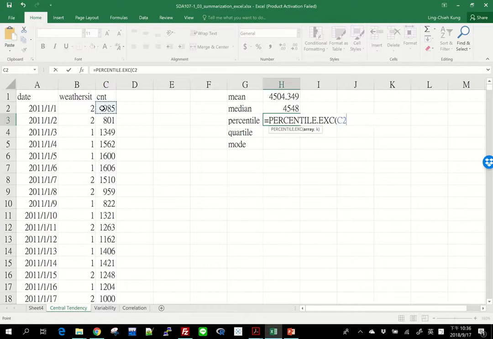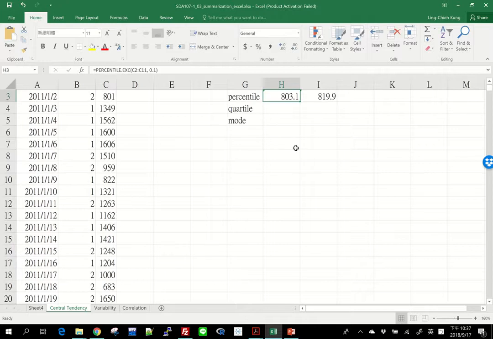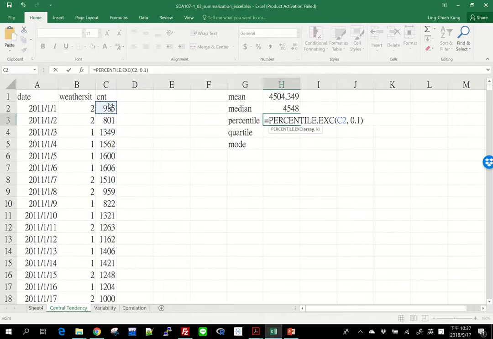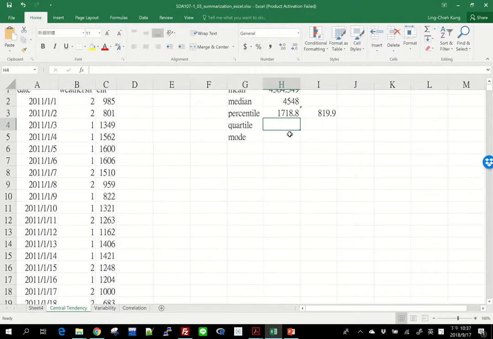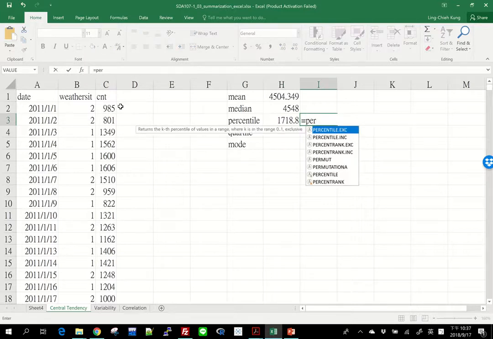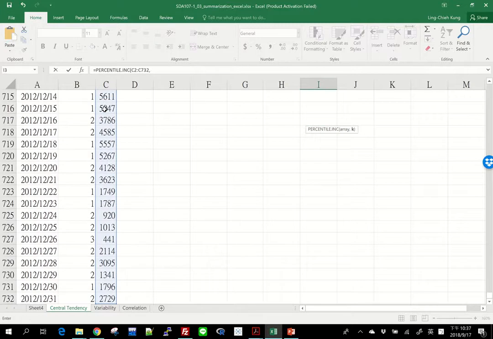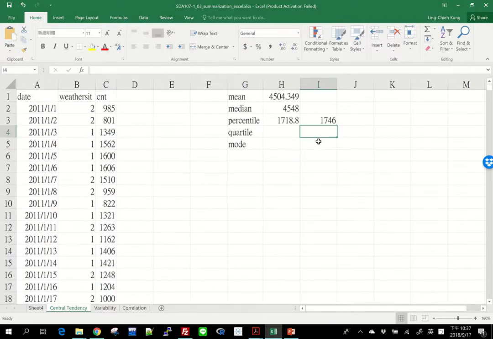So for example here, if I choose all the values, let me do it again. So I'm going to do it here for all the values. So I get about 1,700. For here, I do percentile inclusive and all the values and 0.1.